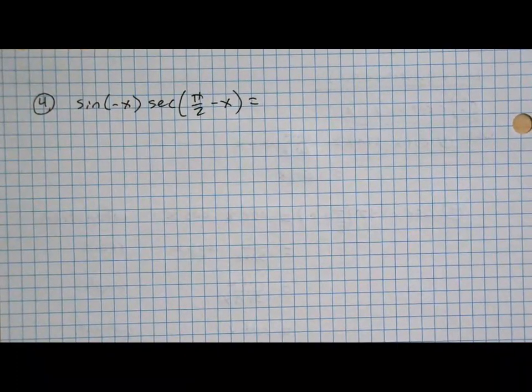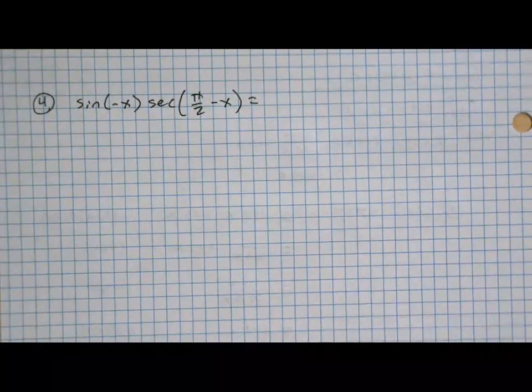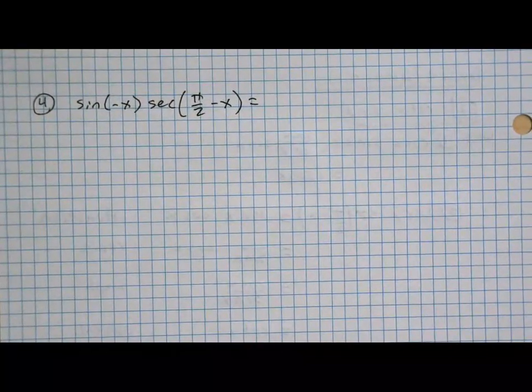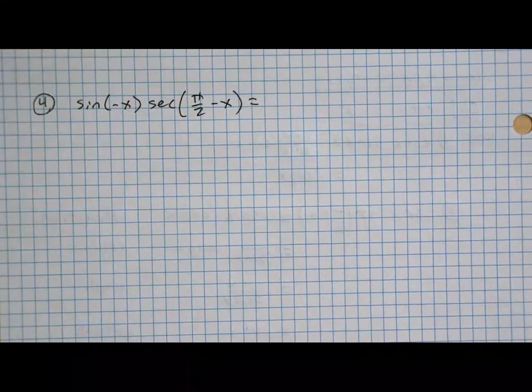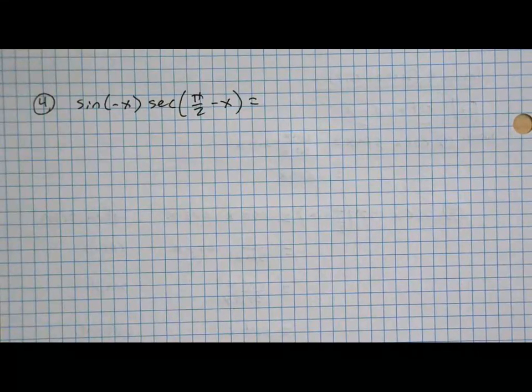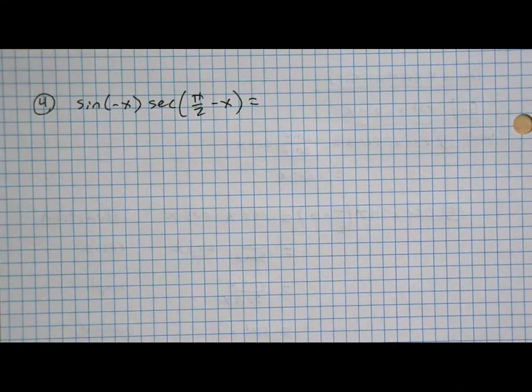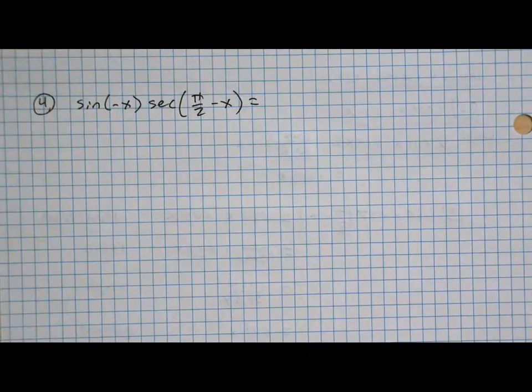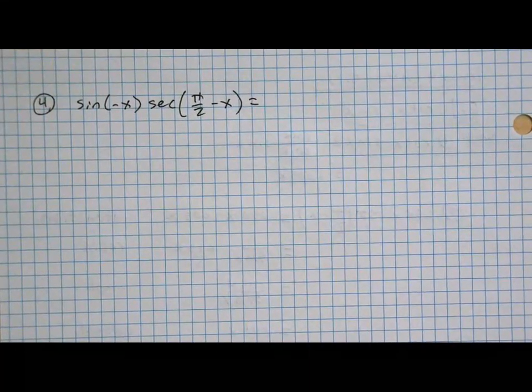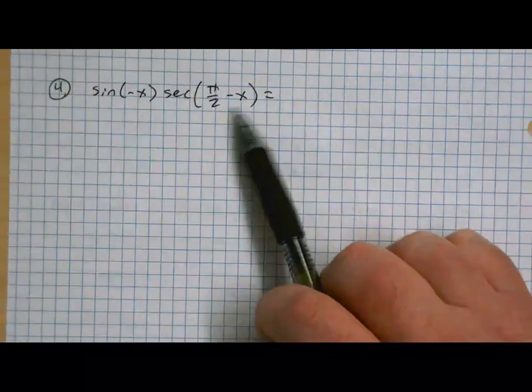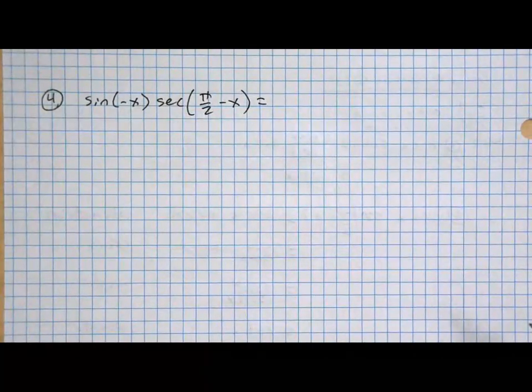See if you can identify 2 different possibilities. Now, we can't do 2 identities at the same time if they're in different categories. So we're going to have to choose one or the other. But can you identify the 2 that are available to us here? There may be more than that, but 2 that are really screaming out at me. This negative x and this pi over 2 minus x are the things that I noticed right away.